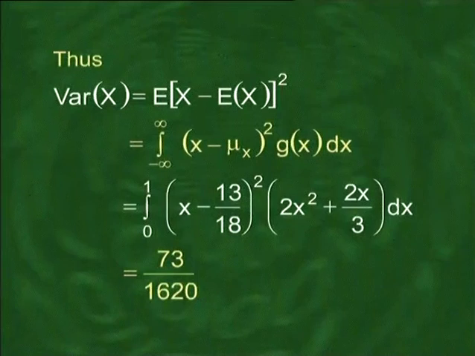Now, x minus E of x whole square is the same thing as x minus 13 over 18 whole square, and substituting this in the formula, we obtain the product of two expressions which we can solve, and applying the integration, the variance of x comes out to be 73 divided by 1620.